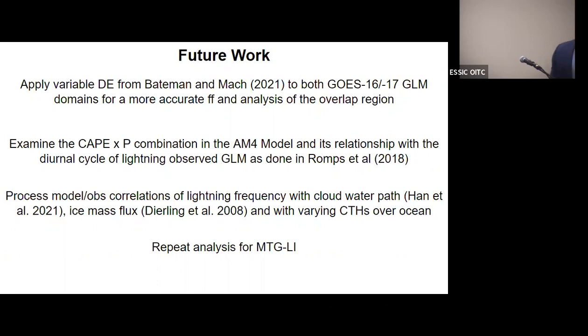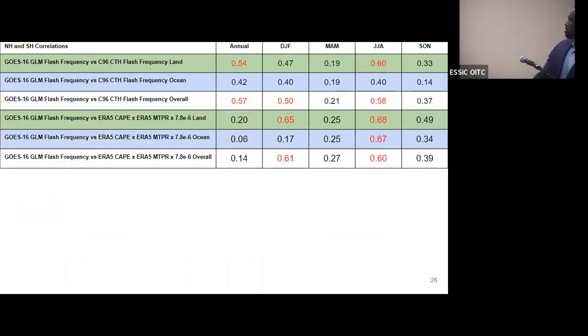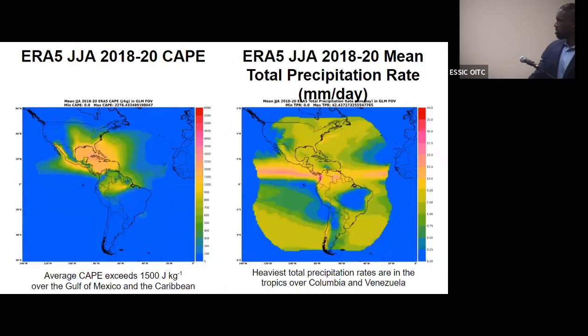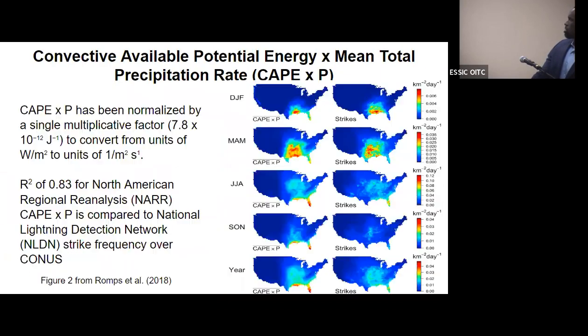Nice talk, Jonathan. Question about the CAPE times total precip parameterization. Romps derived that based on just cloud to ground lightning from the National Lightning Detection Network.